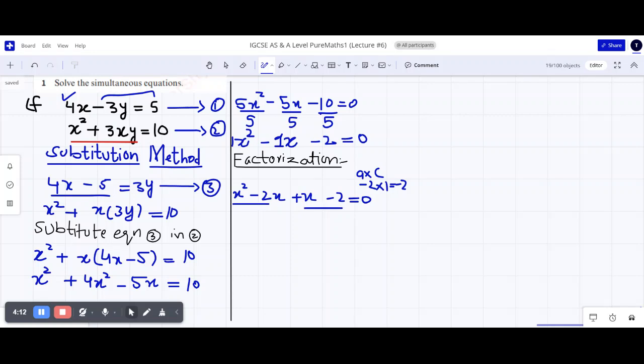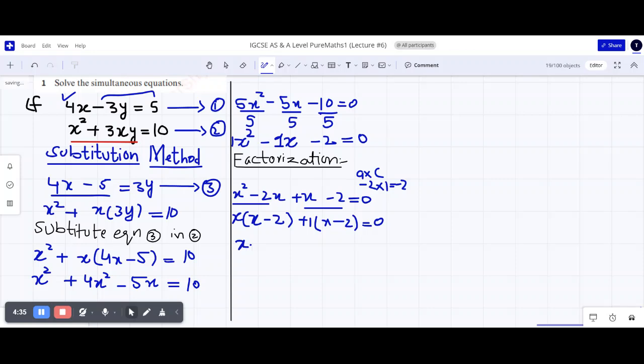Then we take the common from the first two terms. Here x is common, x minus 2 is left, plus 1 is common, and x minus 2 is left. When 1 is common, nothing else is common, so it is just 1, equals 0.